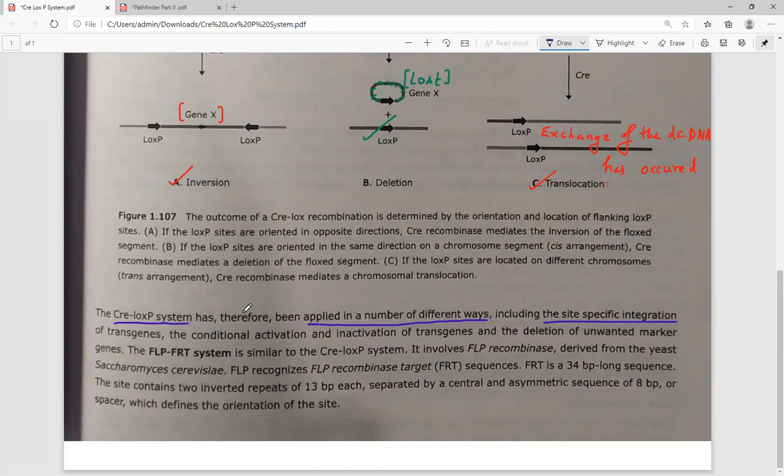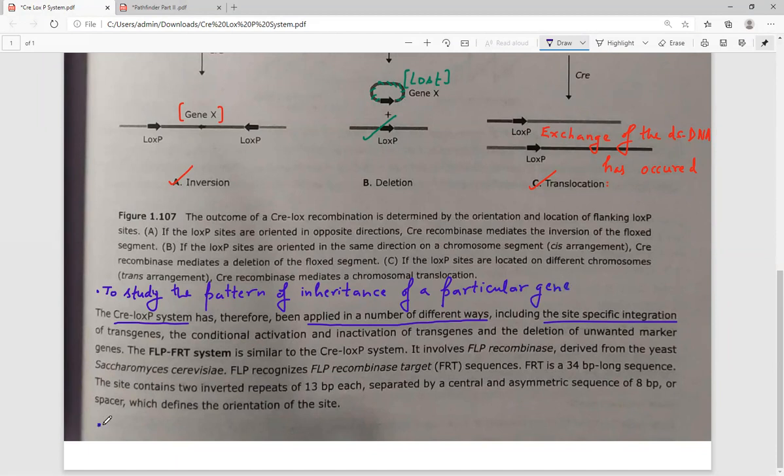This is a system that has been used to knock out certain genes, to study certain genes. It has been used to study the pattern of inheritance of a particular gene, how the pattern of inheritance of a particular gene is going to take place.